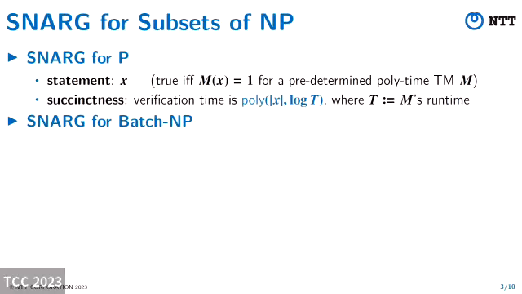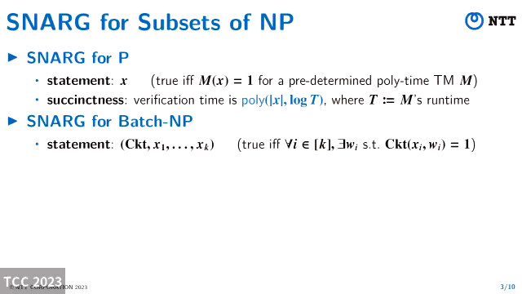Regarding succinctness, the minimal requirement is that the verification time is much smaller than the running time T of the Turing machine M, which guarantees that the verifier does not need to run the Turing machine by himself. And usually it is required that the verification time is polylogarithmic in the running time T of the Turing machine M.